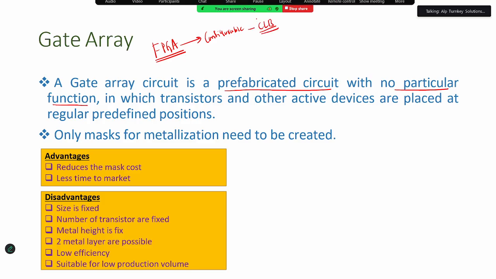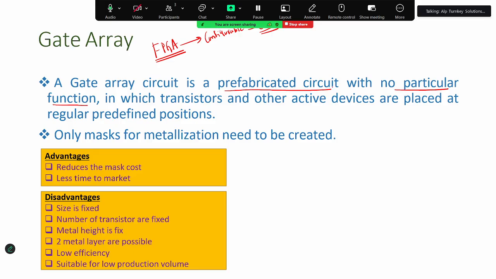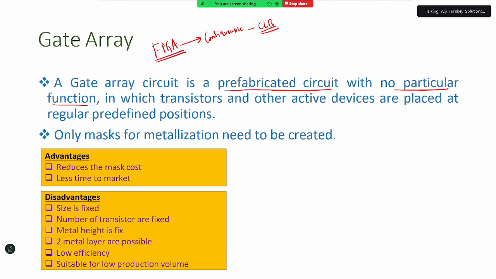So here there is a prefabricated circuit with no particular function. So this will be what we call a universal circuit. Suppose you want to design some adder circuit.